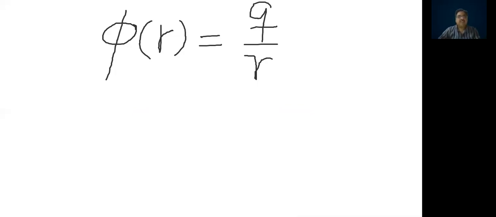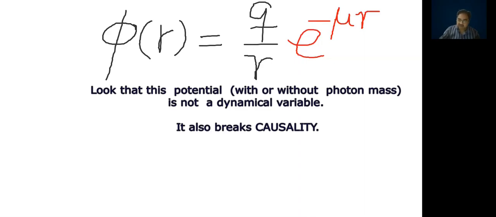But once you have included the mass of the photon, then this becomes different. You will have e^(-μr). That means the potential will fall much faster, because this is the additional term, and it will make the potential or the influence of the force fall faster compared to the Coulomb case.